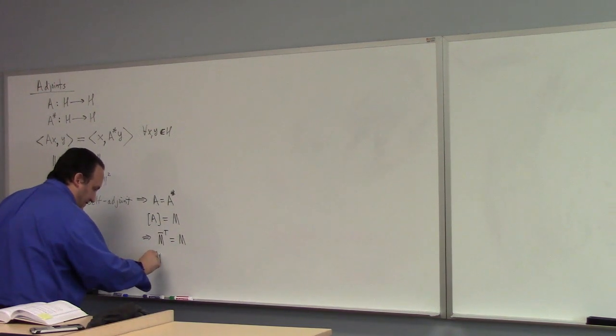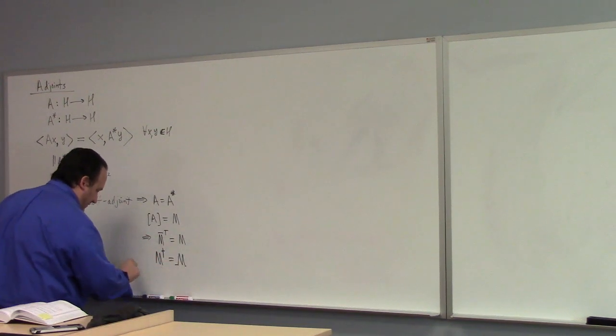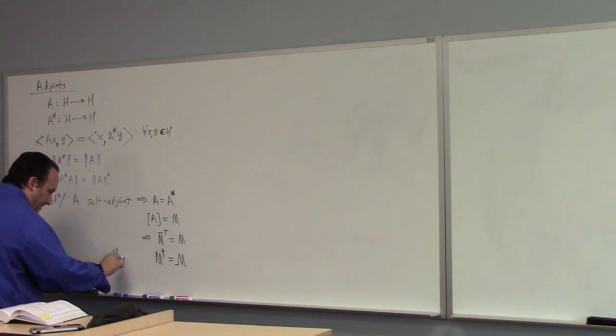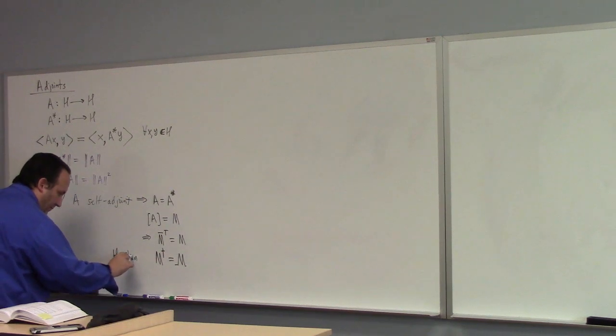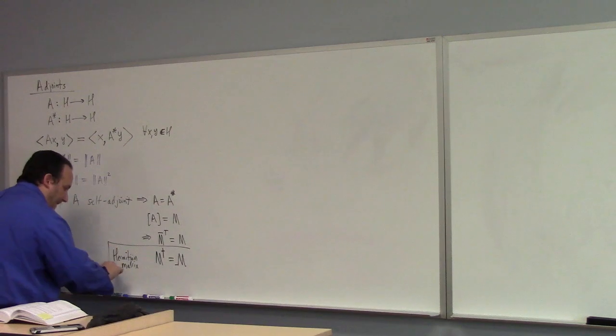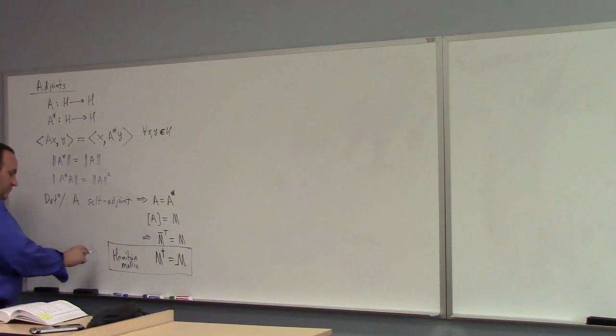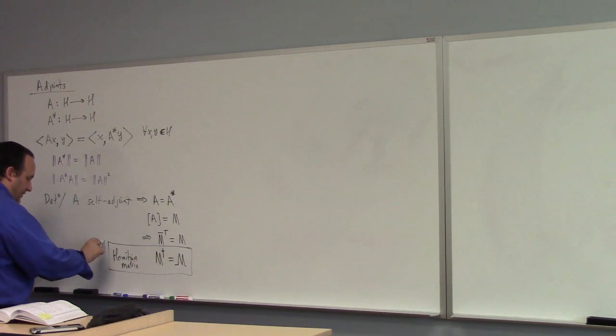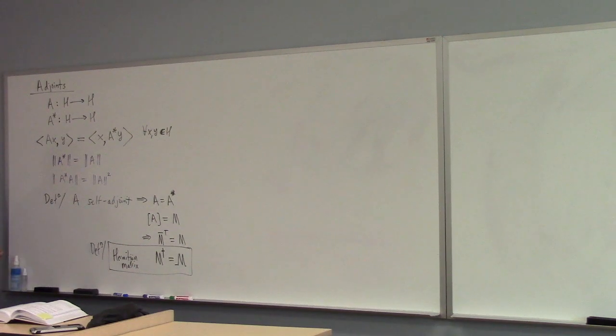And then typically in physics, it's the Hermitian conjugate equal to M again. So this is called the Hermitian matrix. So the matrix of a self-adjoint operator is a Hermitian matrix.